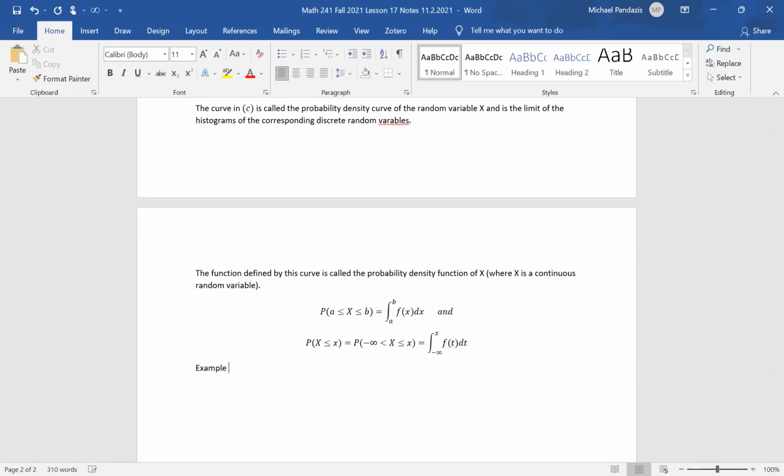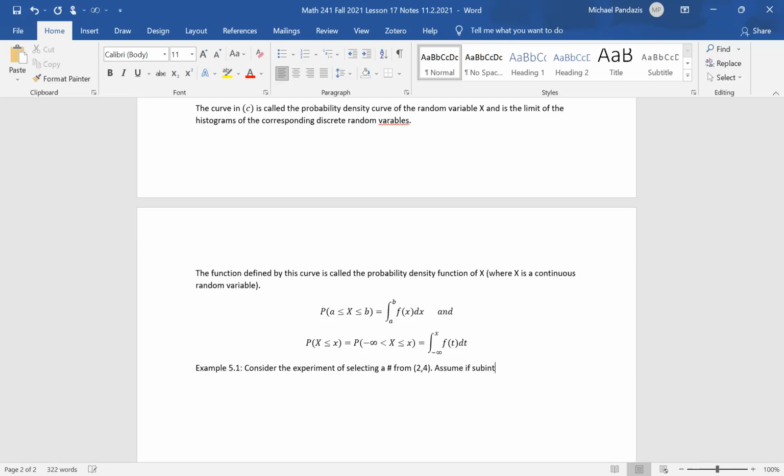Okay. Example 5.1. So consider the experiment of selecting a number from the interval [2, 4].